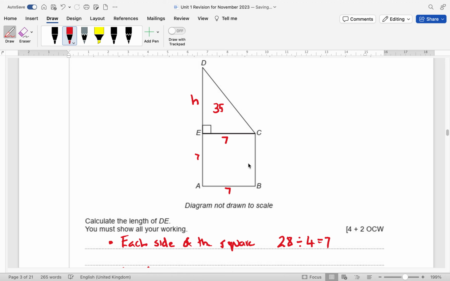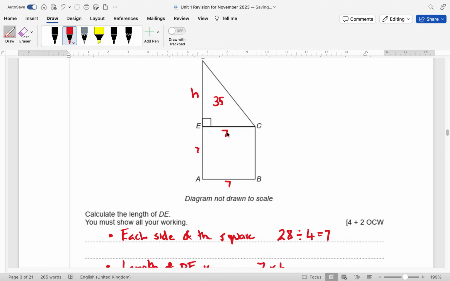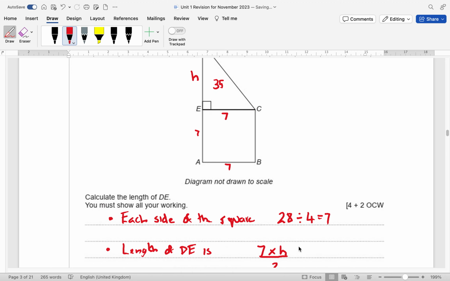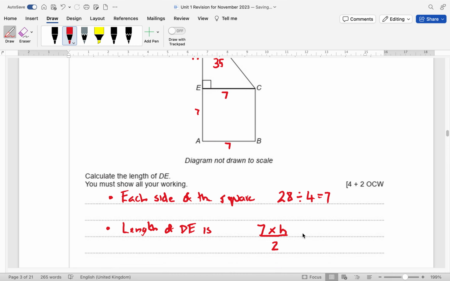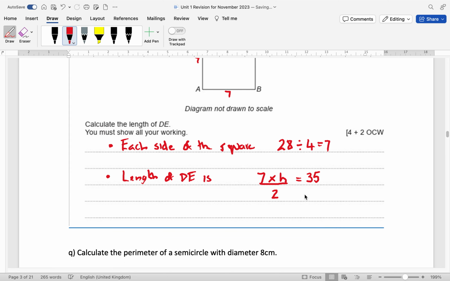I'm going to call DE the height. I don't know what the height is, but I know that the area has to be 35. Now, this is another sort of linear equation. We never want fractions solving equations, so anything that's been divided by needs to go up there as a times. So 7 times h is 70, 35 times 2, so h is 10.